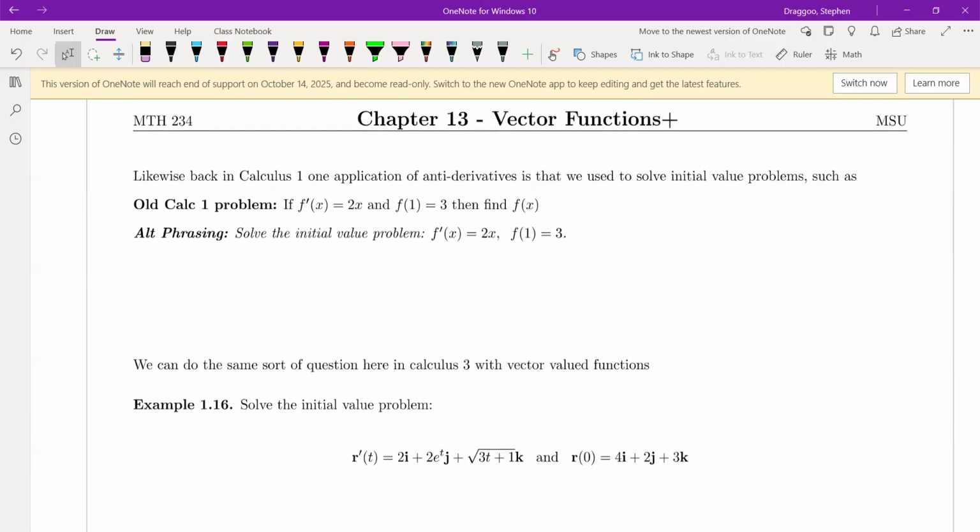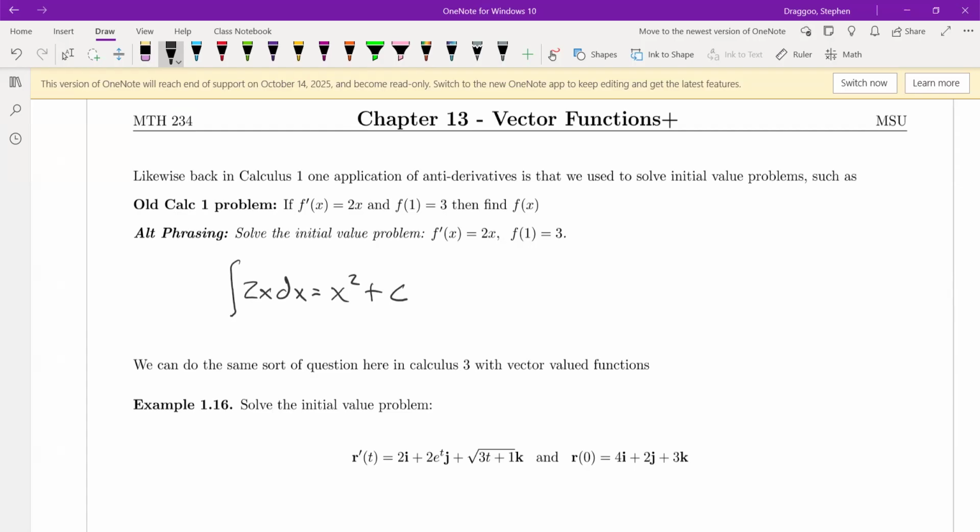All right, so antiderivatives, solving an initial value problem. If I've got f prime equal to 2x and f of 1 equal to 3, I should figure out what f of x is. Well, I know that the integral of 2x dx is x squared plus c.